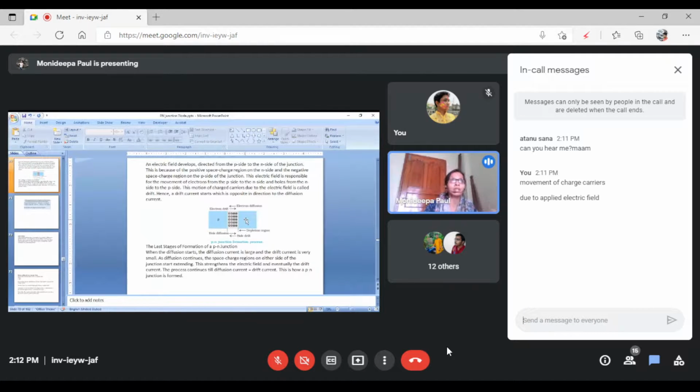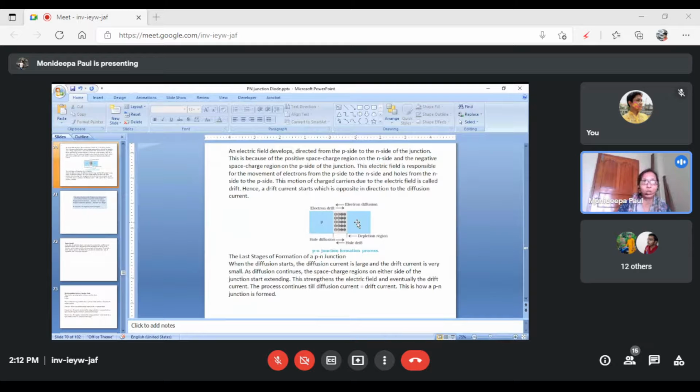If one electron leaves an atom, then that atom should become a negatively charged ion. Here the same thing happens. Holes in p-type accept the electrons from the n-type semiconducting material and complete the covalent bond.